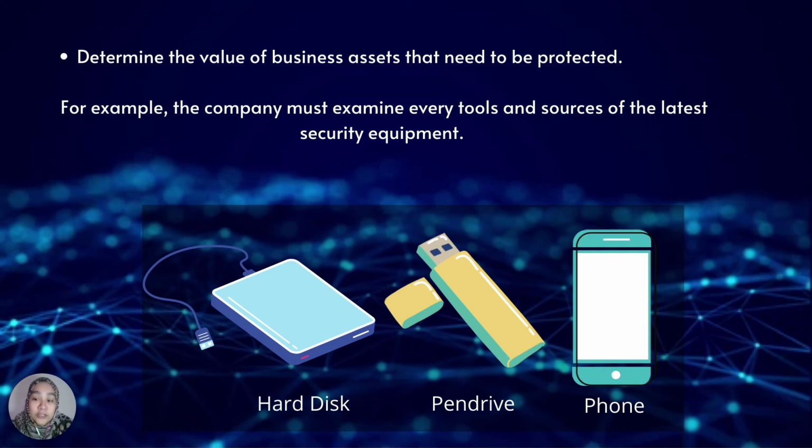For example, the company must examine every tool and source of the latest security equipment, such as encrypted hard disks, USBs, and phones, with data encrypted prior to its transfer to the cloud or onto a portable device. Encryption has become an essential step to protect company data and secure sensitive information.